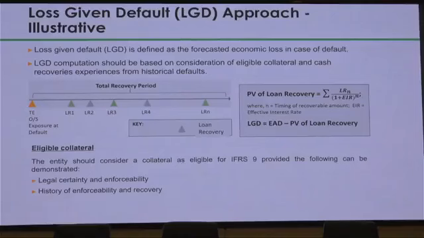One thing to consider is that there are external ratings available in the market. Moody's and S&P issue ratings for different categories of borrowers, for example AA, AAA, BBB.